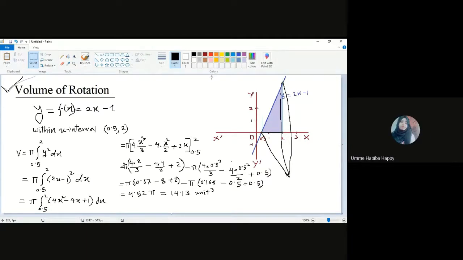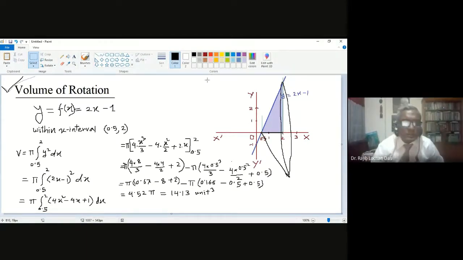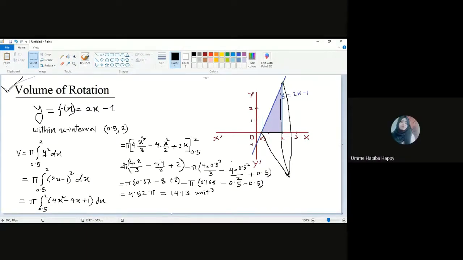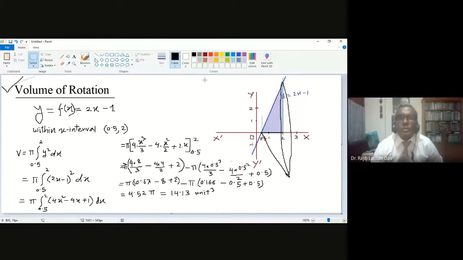Sir, I have a question. Yes. Sir, here the triangle always rotates with the x-axis. Yes, so it will be rotated with the x-axis. This is the rule.